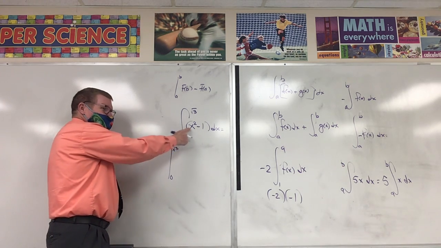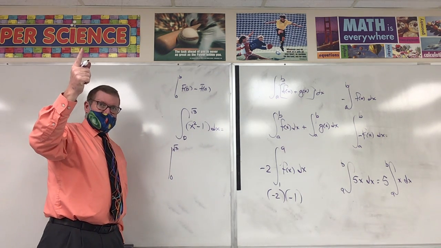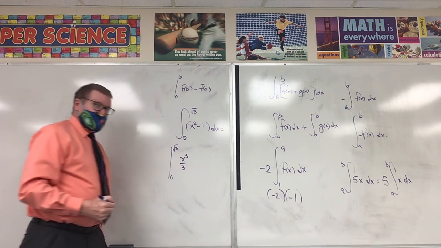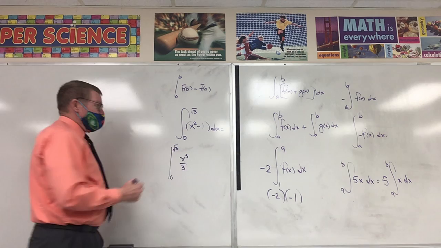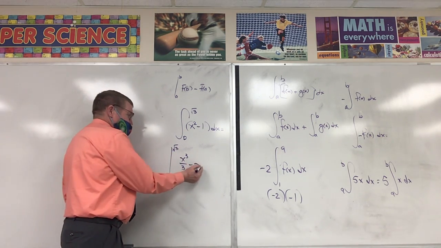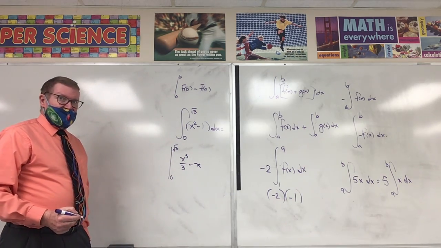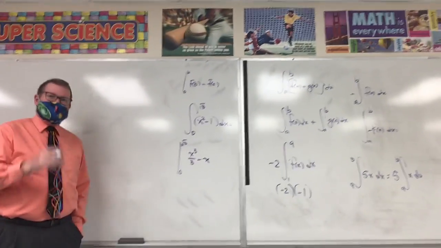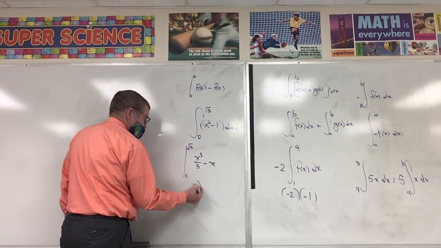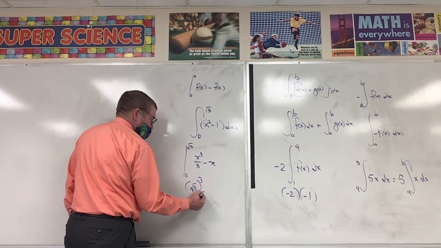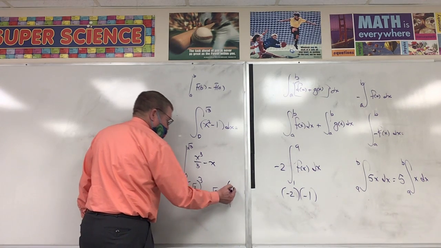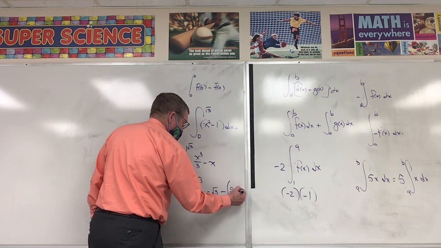Correct. So we've got x squared. We add 1 to the exponent, 3, and divide by 3: x cubed over 3, minus the antiderivative of 1, which is x. And then plus c, but I don't have to worry about plus c here because it's a definite integral. So now I'd do the square root of 3 cubed over 3, minus the square root of 3, minus 0 over 3 minus 0.